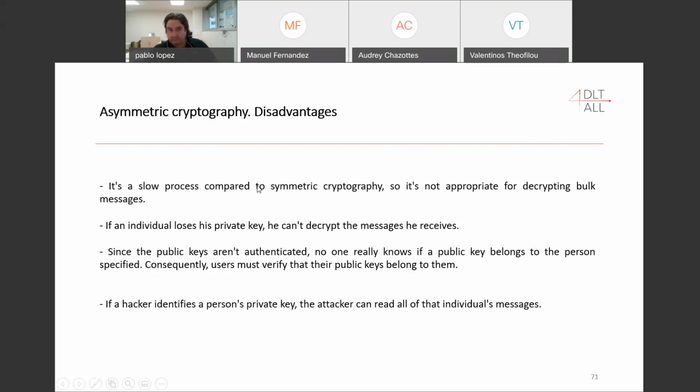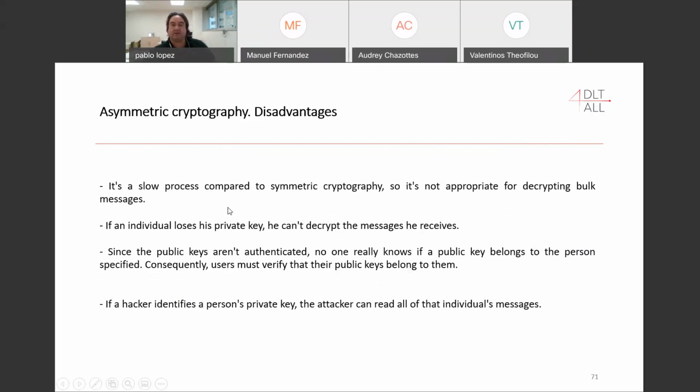It's a slow process, this first part of asymmetric, compared to symmetric cryptography where there is no verification. So it's not appropriate for decrypting bulk messages. If an individual loses his private key, as I told you before, he can't decrypt the messages he receives.